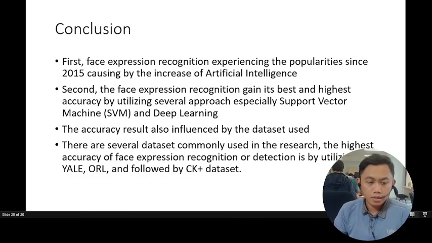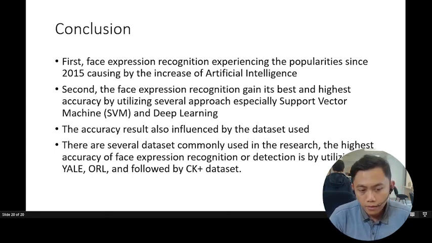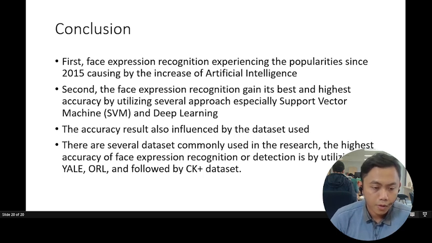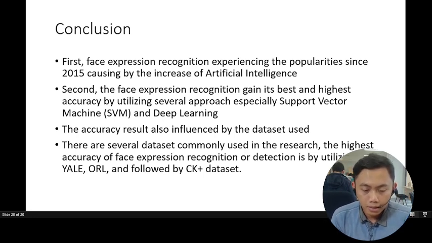So the conclusion is, first, face expression recognition has been experiencing popularity since 2015 based on the graphic that we saw before, caused by the increase of artificial intelligence. Second, face expression recognition gains its best and highest accuracy by utilizing several approaches, especially support vector machines and deep learning.